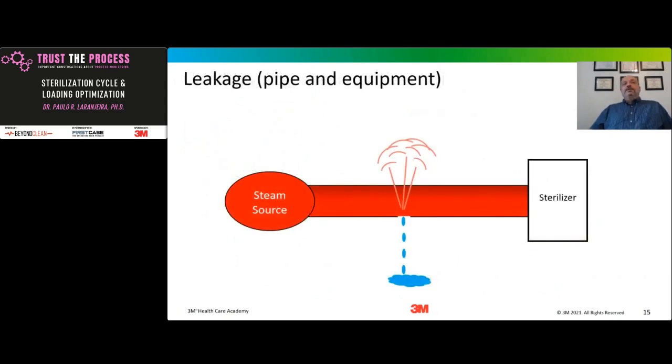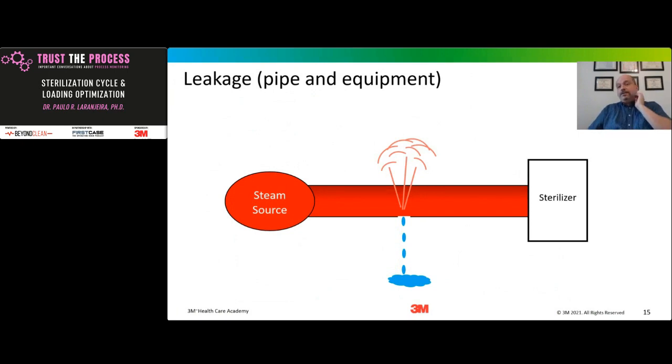Now, let's look into leakage, right? We looked into medical device performance. This is another issue that we have today, leakage. If you go into the technical area where your equipment is installed, and if you see water underneath your equipment, stop using it. Because if there is water underneath your equipment, there is a high probability of air being sent inside of the chamber during the sterilization.